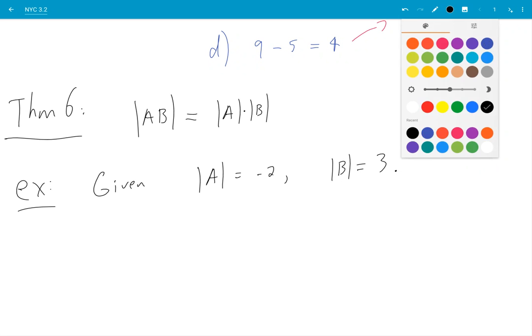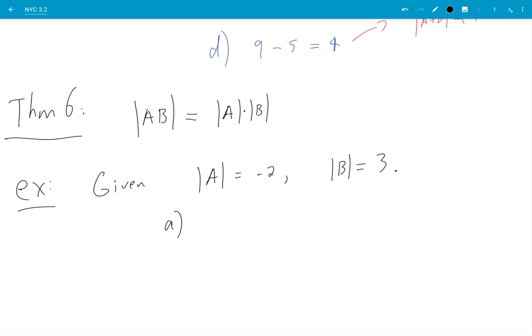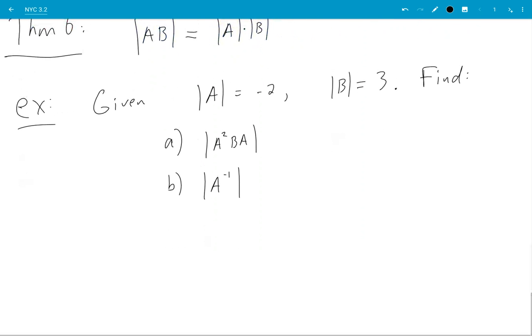Back to my question. So I'm going to find something. A squared BA, B. What is the determinant of A inverse?